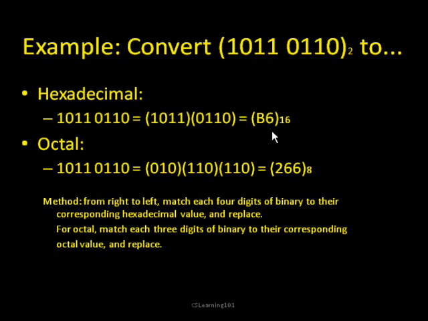In octal, instead of grouping the digits into 4, you would group the digits into 3. Also, notice here, if there aren't enough digits to group everything into 3, you would start from right to left, and on the left side, you would just add 0s to the front if it's not a group of 3.